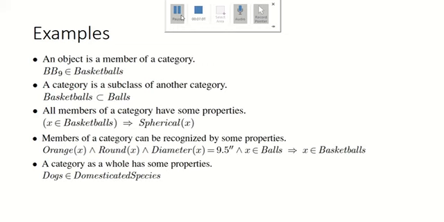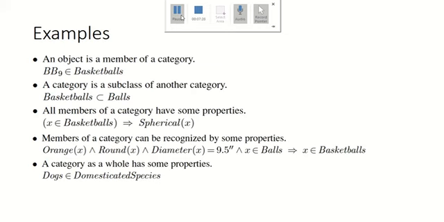Now, the third thing: all members of a category have some properties. To show this in the predicate, let's take x belongs to Basketballs implies x is spherical. That means we are dealing with a property of the ball x. That is, if it is a basketball, then it will be a spherical ball.